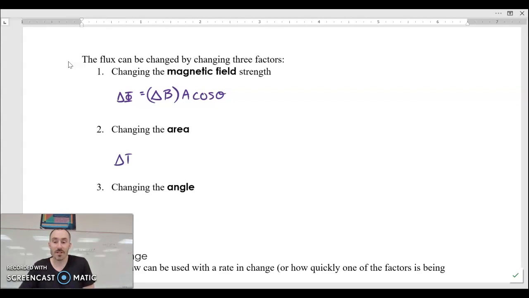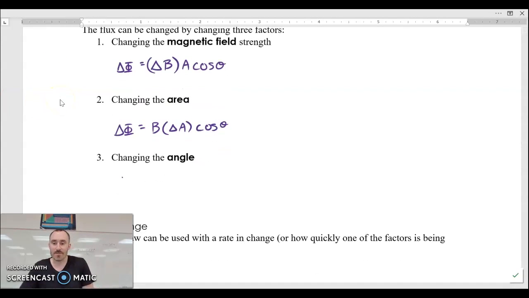It could be changing the A part, so that would be B times change in A cosine theta. Or it could be changing the angle part, so that would be change in flux is equal to BA times the change in cosine theta.